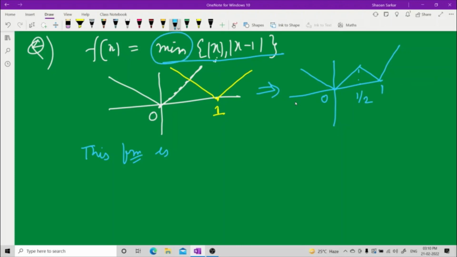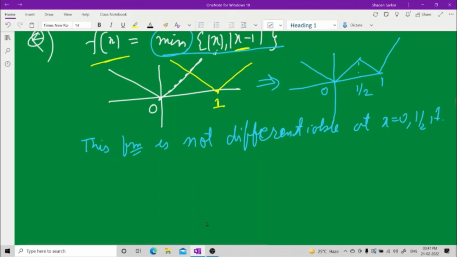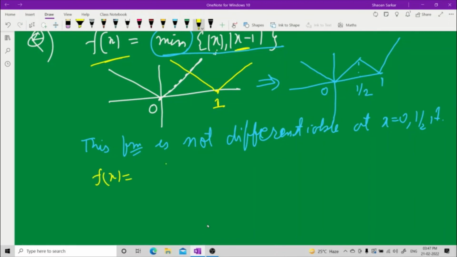This function is not differentiable at x = 0, x = 1/2, and x = 1. This is one important example. Now this function would look like f(x) = -x for x less than 0, that means this part.